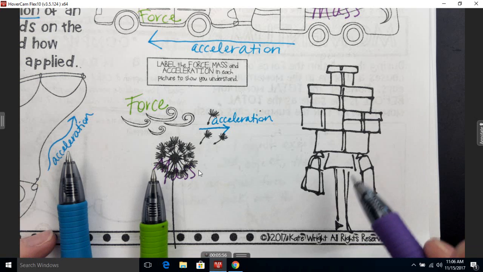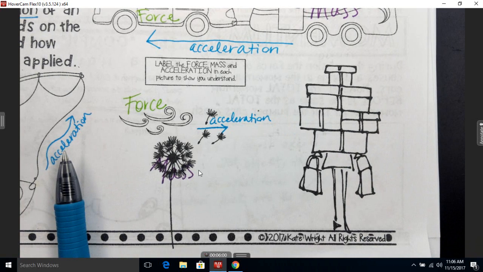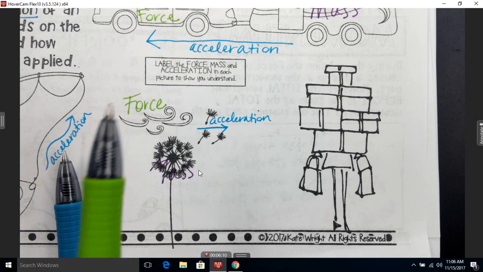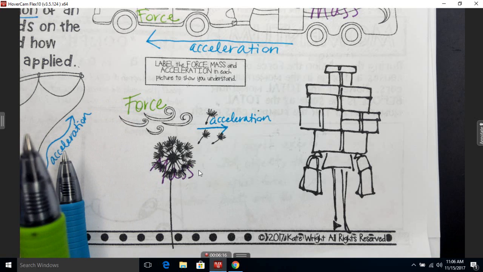This is a person who's shopping and has all their boxes, their gifts. She is pushing the boxes up so that they don't fall. But what else is holding her up? Her feet, her legs.